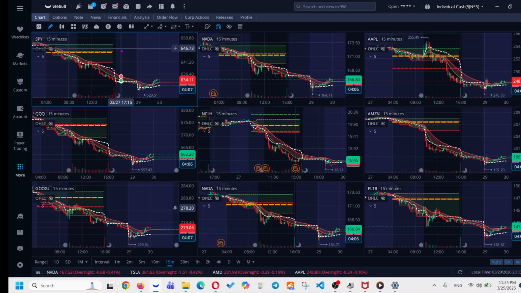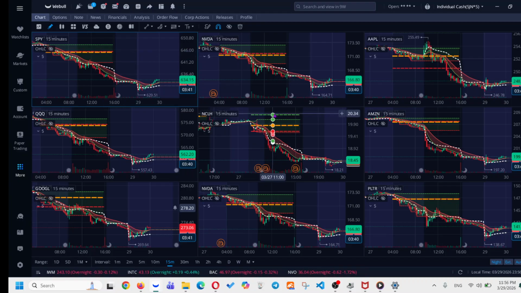see is, as you can see, I have a custom Webull indicator which automatically draws the pre-market high and low, which is this broken green line and the broken red line, the thinner ones. Those show the pre-market high and low lines. The thicker broken red line over here, that's the previous day low.